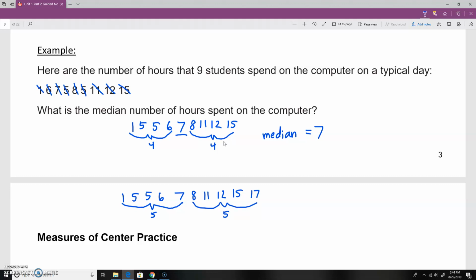Then I have 5 values on this side. Well, there's no middle value between those. So the median would be right between these numbers 7 and 8. So what I would do with these is I would add 7 plus 8, and then I would divide that by 2. 7 plus 8 is 15. Divided by 2, I get 7.5. So in this case, my median would equal 7.5.